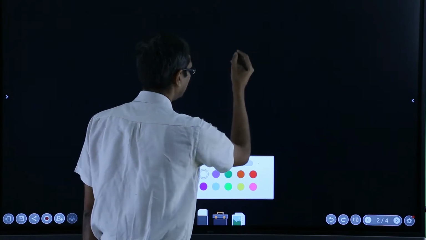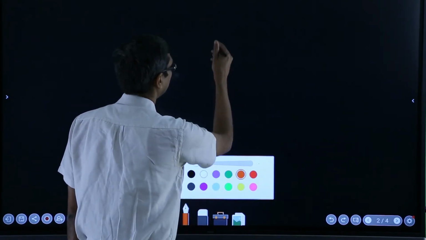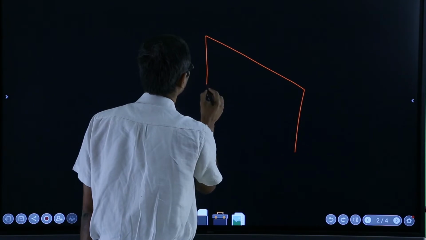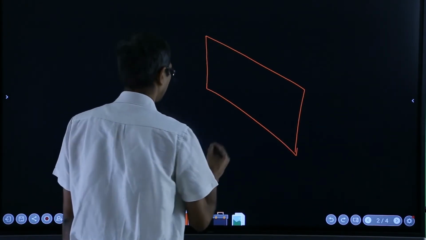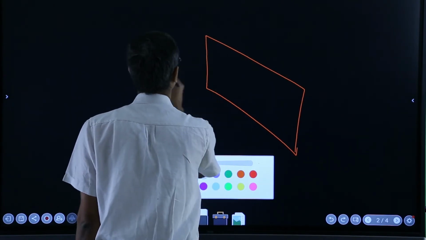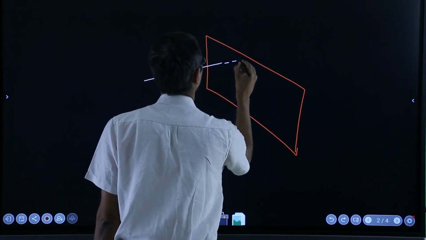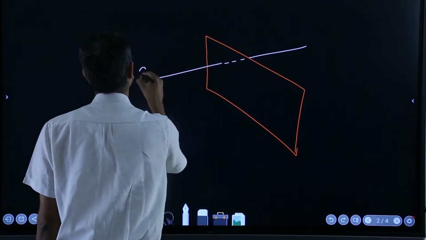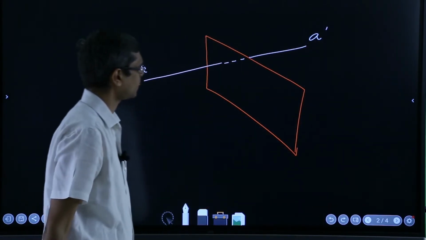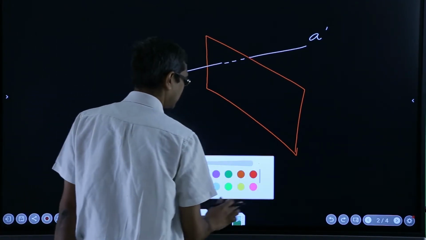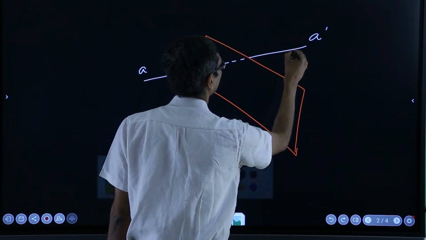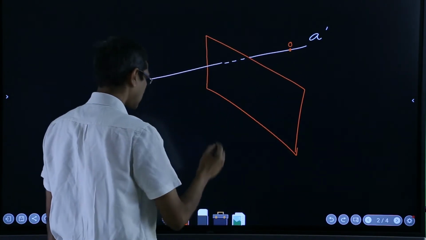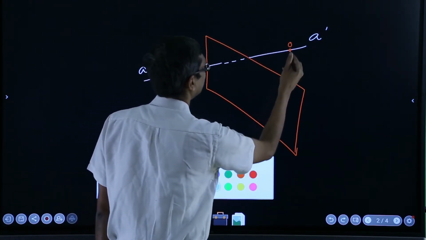Let me first draw this plane, and then let me draw the axis, like that, say this is A prime, and then let the origin be somewhere here, O, and let us take the x axis of our set of axes in this direction.